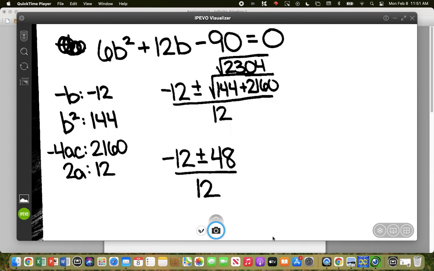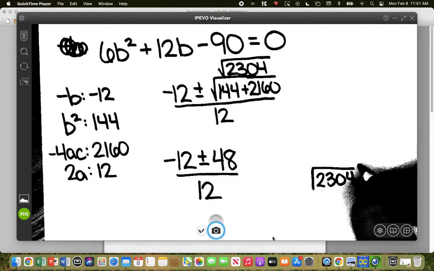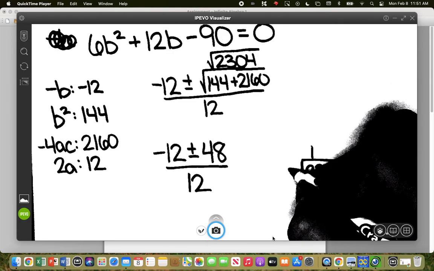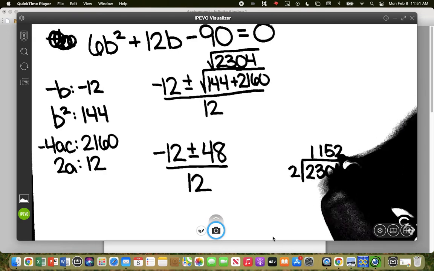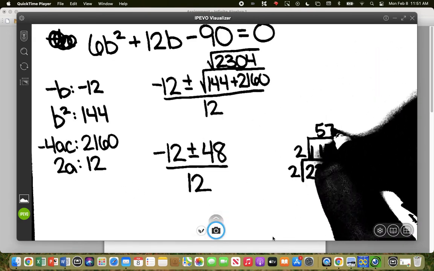So I do want to show you guys, if you don't have a calculator, if you wanted to simplify this, you're going to have all pairs. So 2,304 divided by 2 is 1152. Divide that by 2, and I get 576.